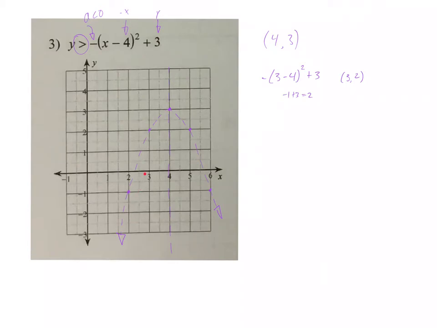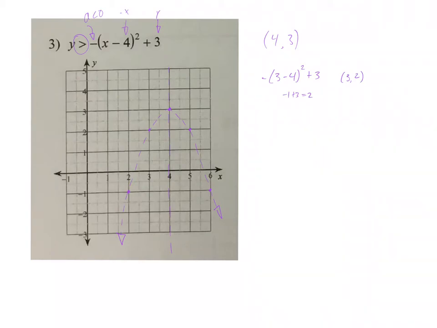We have this area, kind of inside of this, or the area outside of this. Now, an easy way to test is to plug in the point 0, 0. As long as it's not on the line, you can use that point. So I'm going to plug in 0, 0 into this. If it comes out to be true, then I'm going to shade on this side that includes that. If it comes out to be false, then I'm going to shade inside.